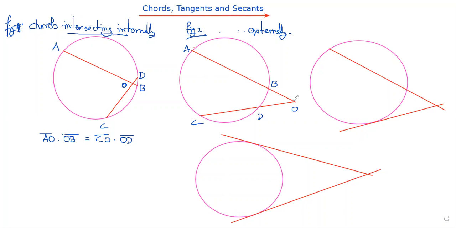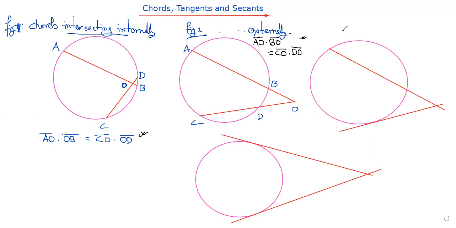From O, it is drawing two parts of the chord. So the product of them remains constant. In this case, I will say AO multiplied by BO equals CO multiplied by DO. These equations remain the same, but look at the difference: internal intersection and external intersection.